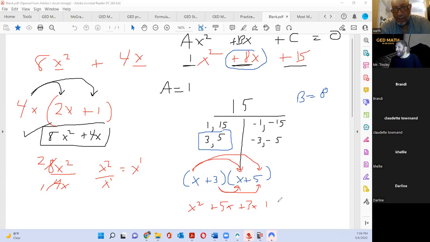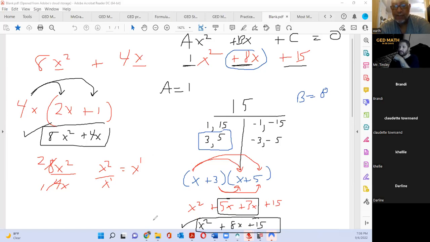Do we have any like terms to combine? Yes, 5x and 3x. So x squared plus 5x plus 3x is 8x, and we bring down the 15. Is this the same thing we started with? Yes. That's guaranteed on the exam.